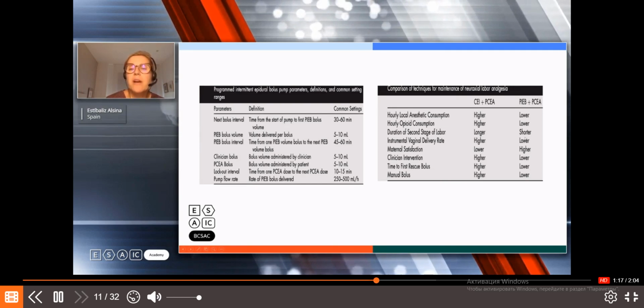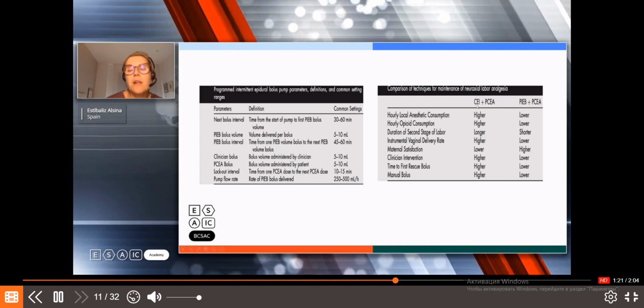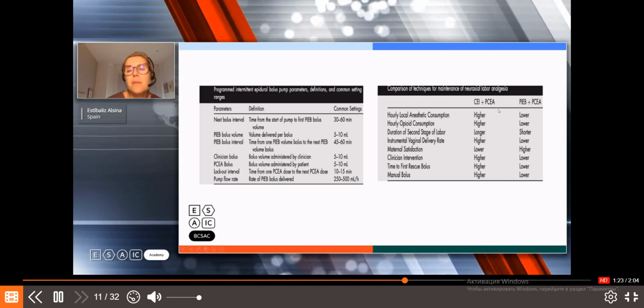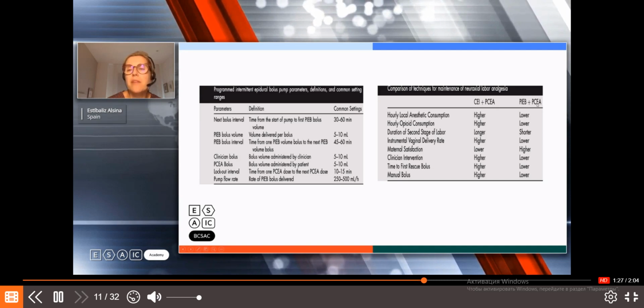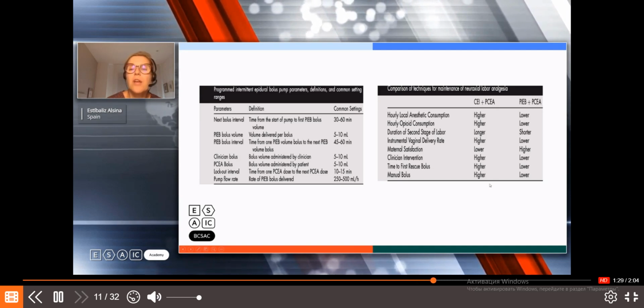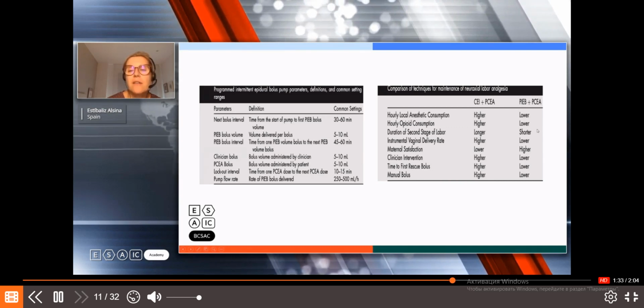If we compare the regular technique, the continuous epidural infusion plus patient bolus, with the PIEB plus patient bolus, we see that there is less opioid and local anesthetic consumption.